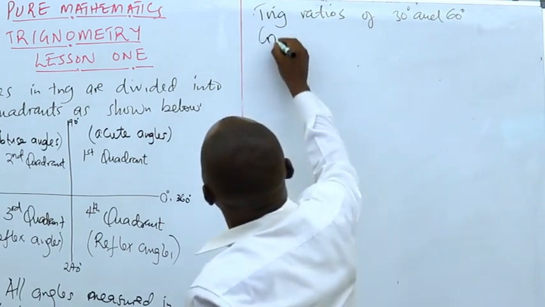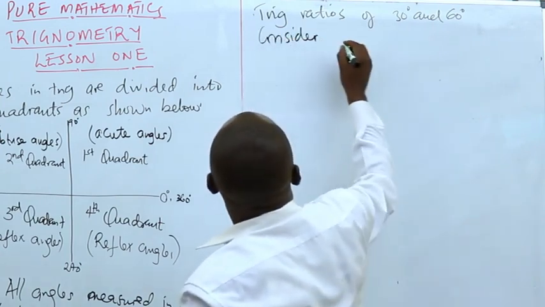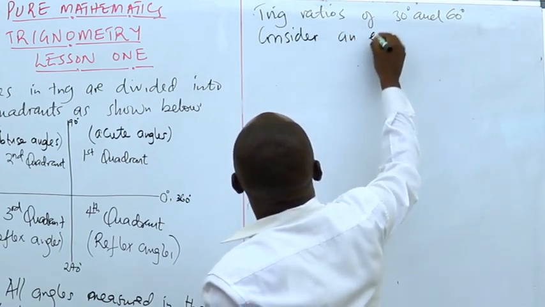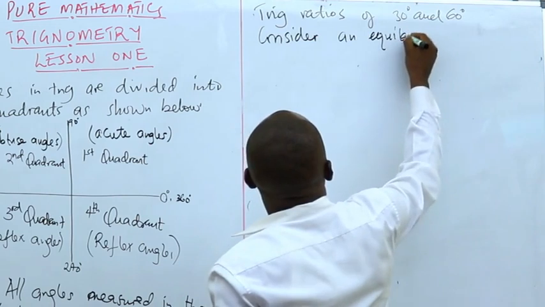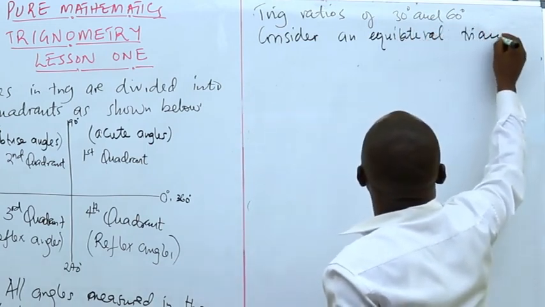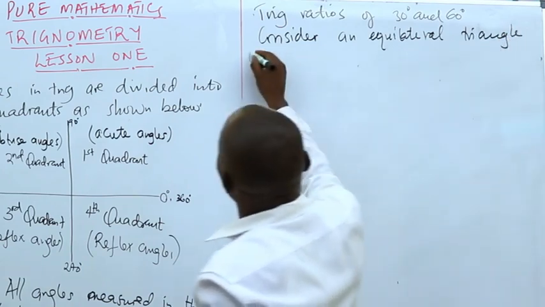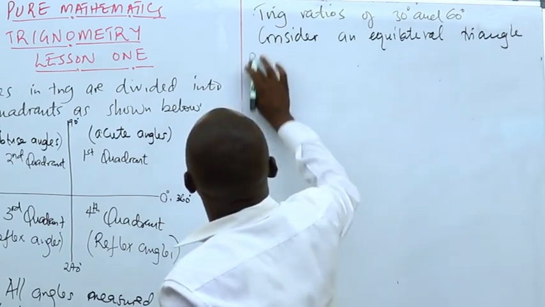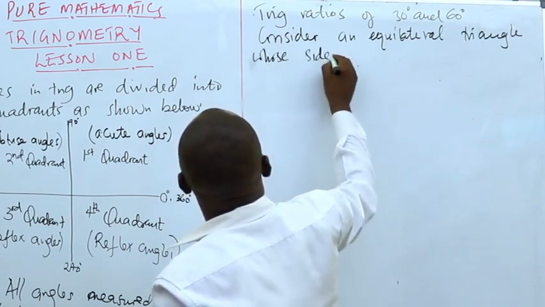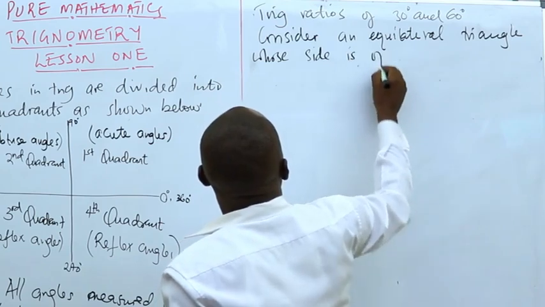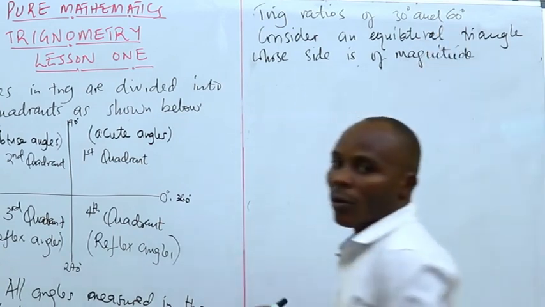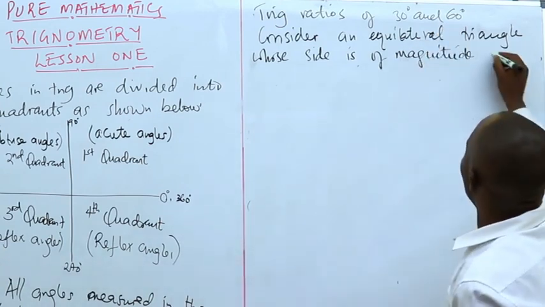So we just need to consider an equilateral triangle, each of whose sides is of magnitude 2 units.